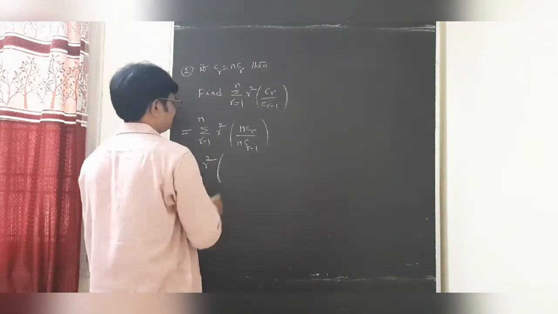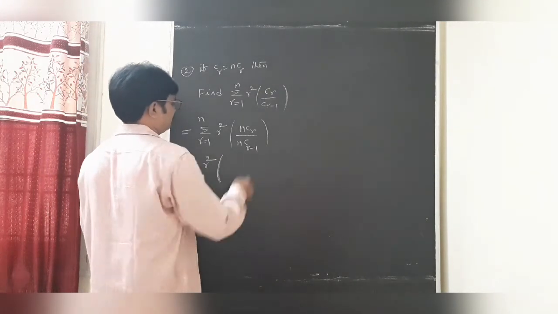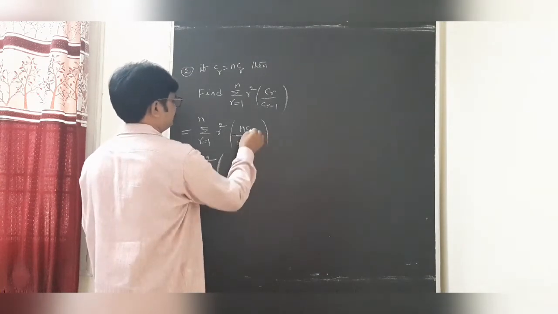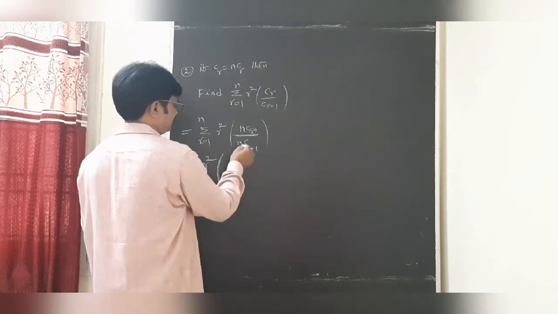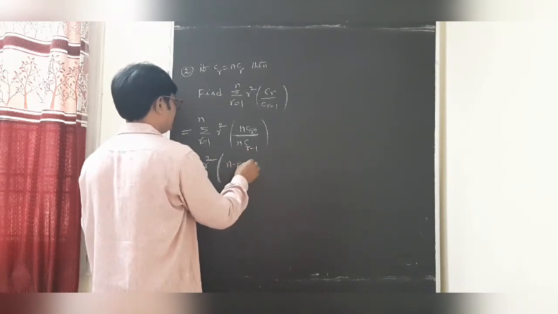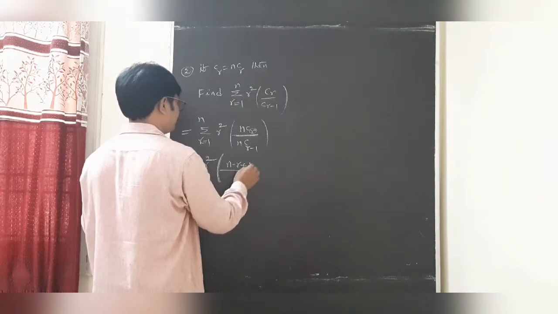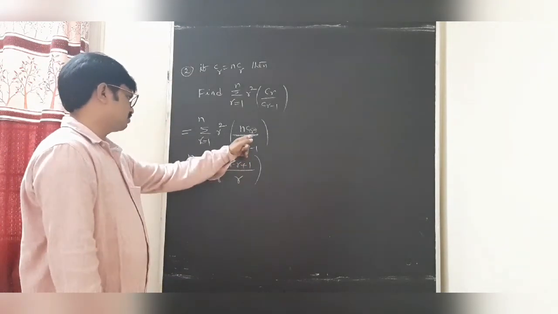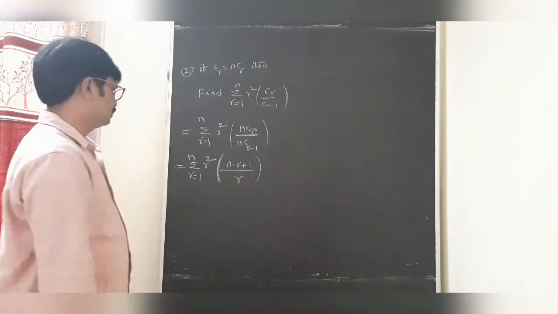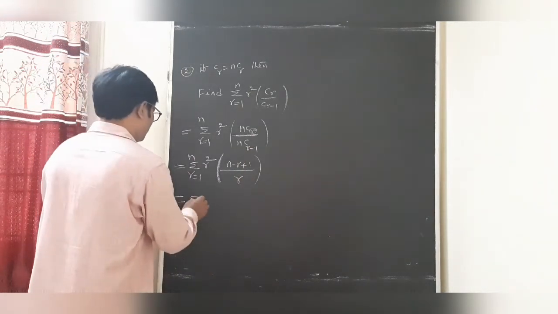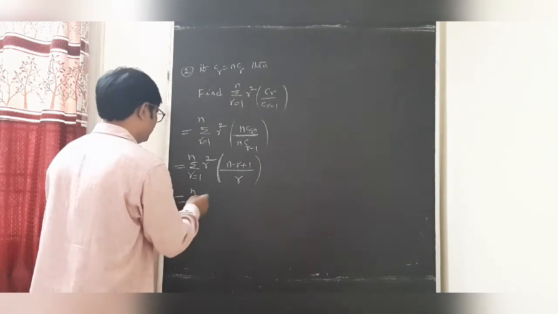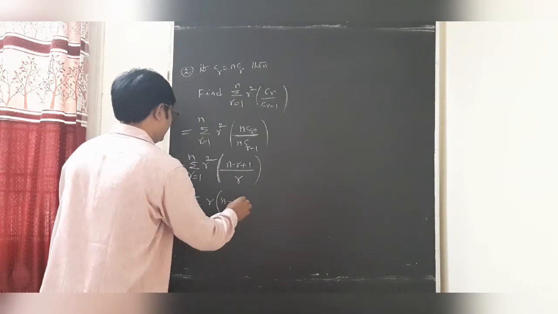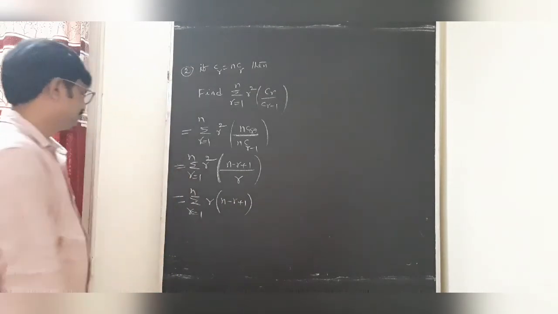The suffix r is there, here n minus r plus 1 suffix r. So sigma r equal to 1 to n, r cancel, this is n minus r plus 1.